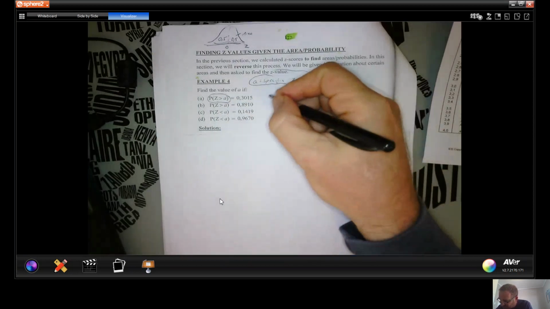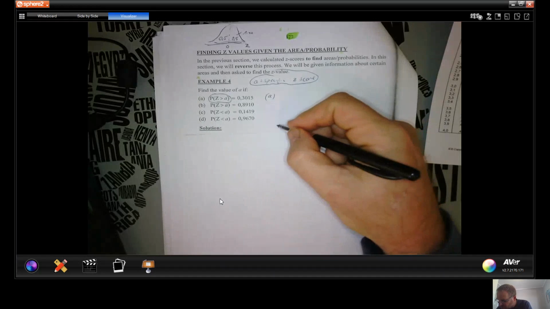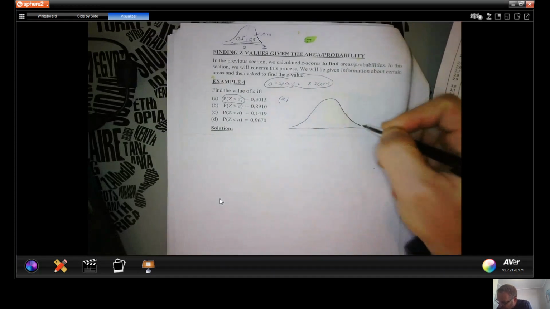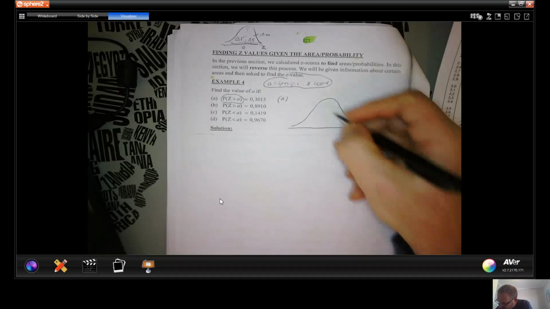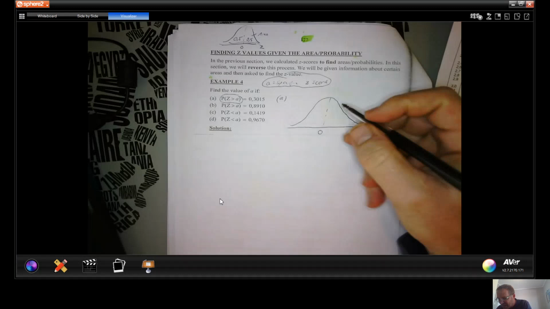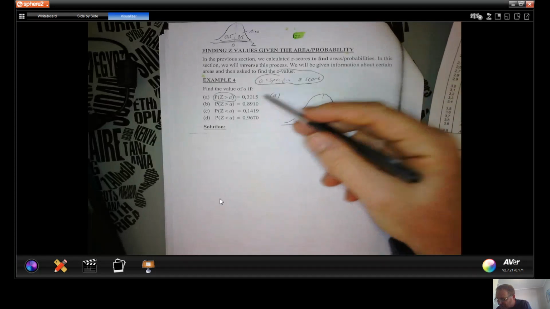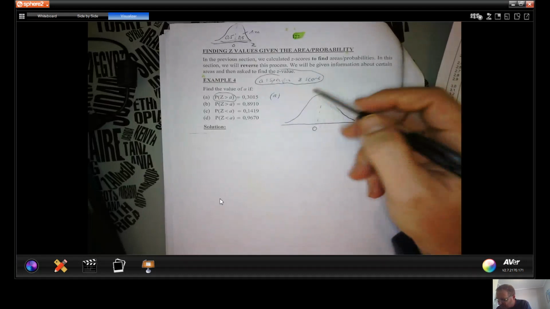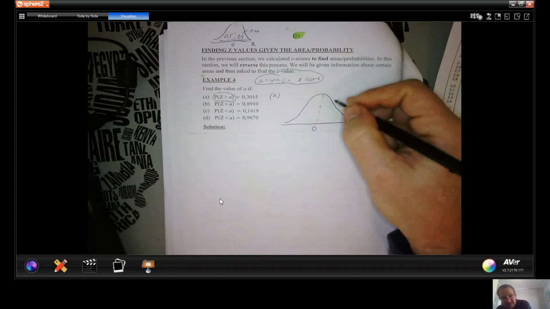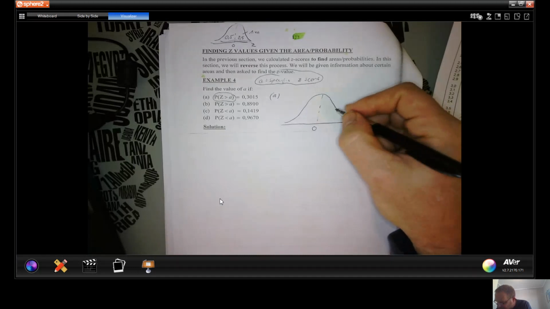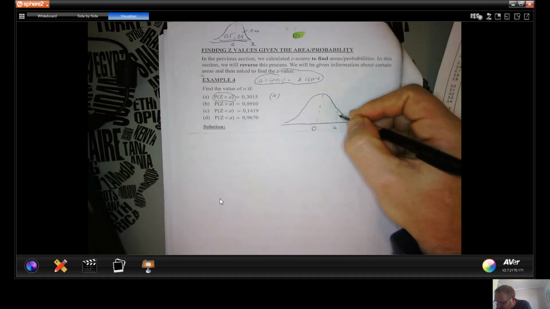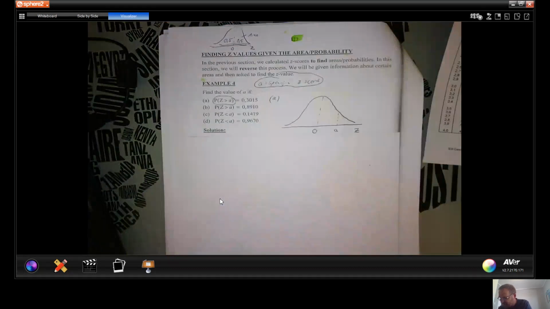So if we have our diagram for A, and we're not working with X scores, I've got my Z scores, mu is 0, and I want the area that's bigger than A to be 0.3015. So A must be here because this whole area to the right is 0.5, but we want this area over here.